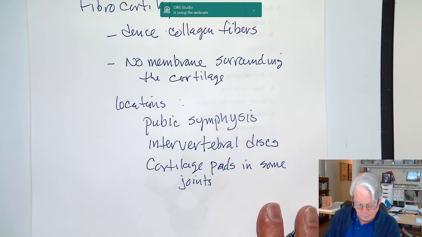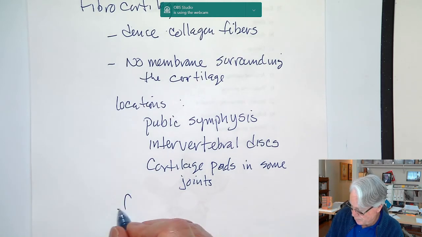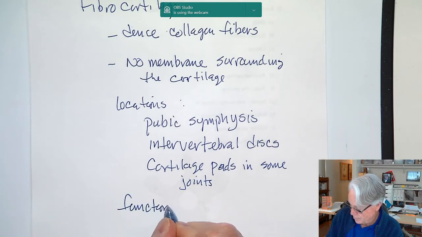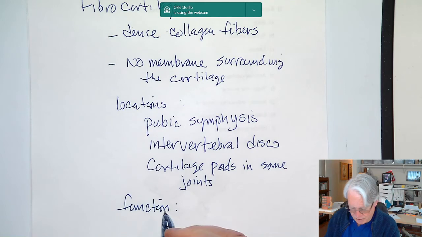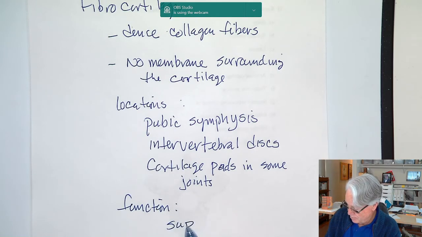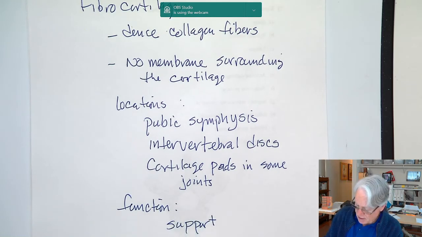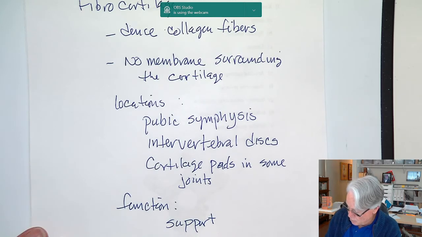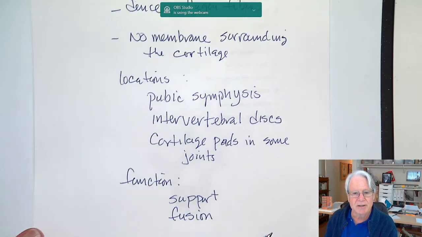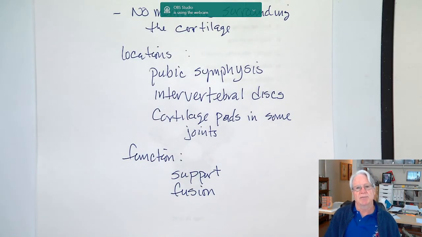Its function is support and fusion, meaning we're joining things together. An example of that would be the pubic symphysis. We're gluing the two bones together with this type of material.